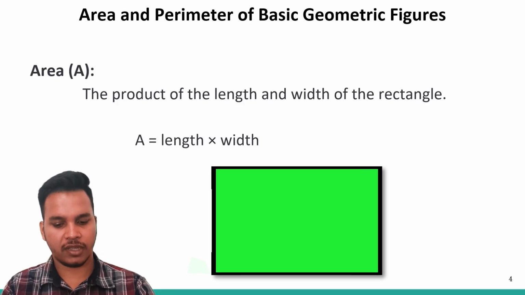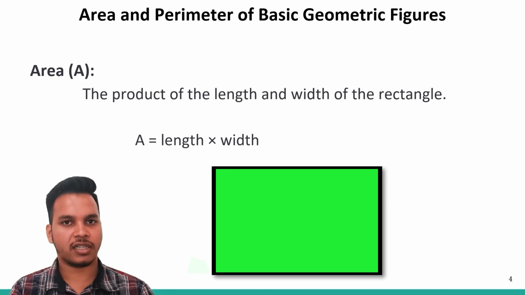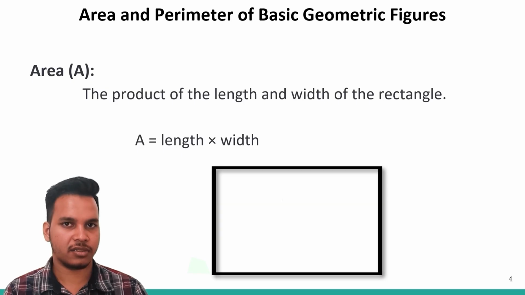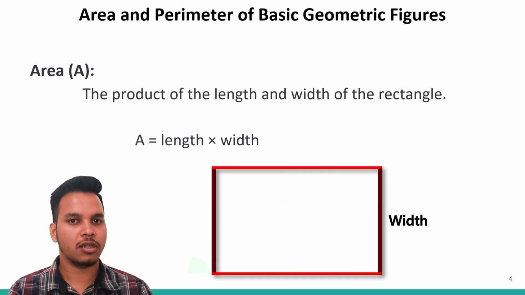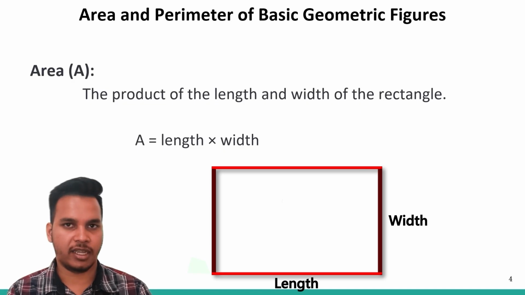So what is the area of a rectangle? Given a rectangle, the 4 angles are 90 degrees. In order to evaluate the area of that rectangle, area A is equal to length into width. We multiply length with width to get the area.